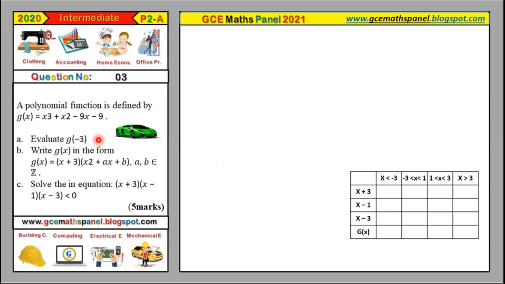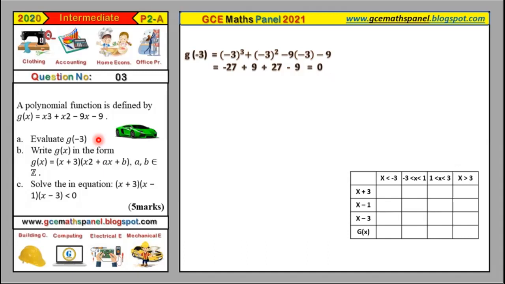So g of minus 3 will be equal to substituting minus 3 in that function, which is minus 3 to the power 3 plus minus 3 squared minus 9 into minus 3 minus 9. And this gives us minus 27 plus 9 plus 27 minus 9. And the value is 0.